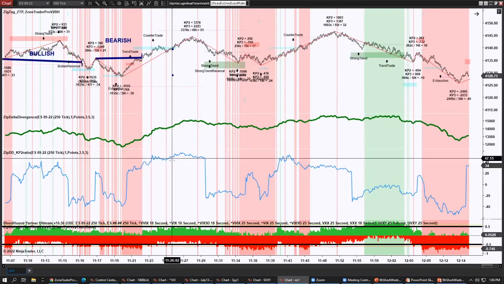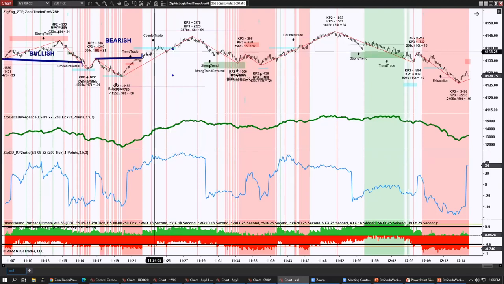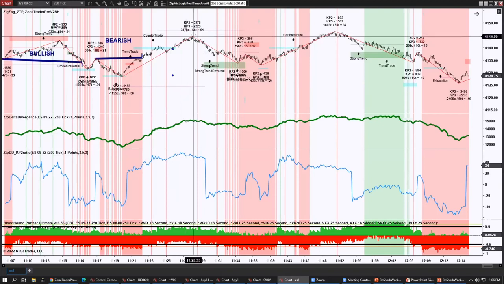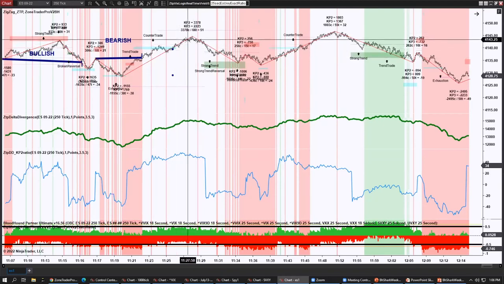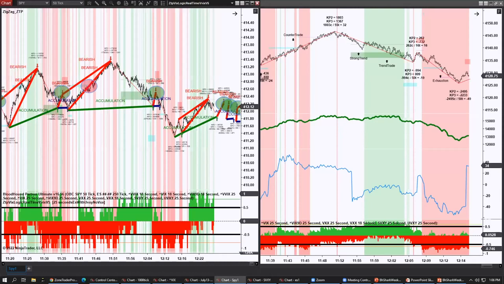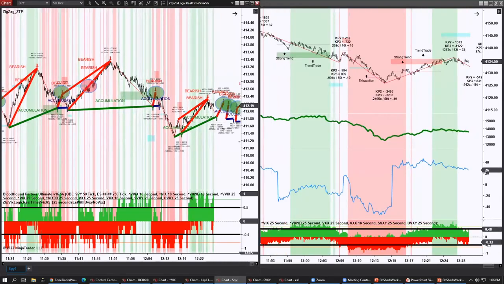Well, I can look at this and I can say, I can see the resistance building and coming in the form of limit orders right here. And that is a different type of distribution than is being picked up on my indicator right here showing accumulation and distribution.